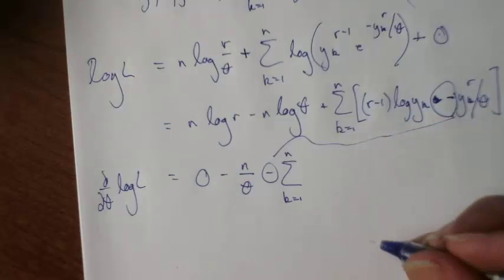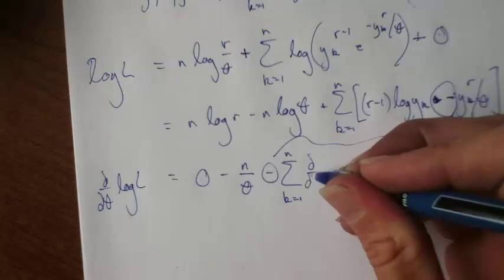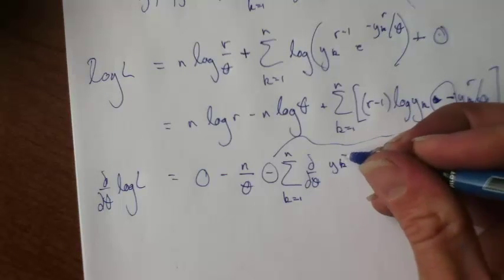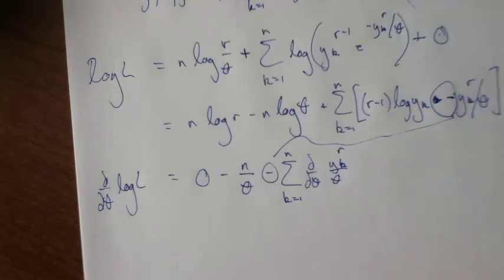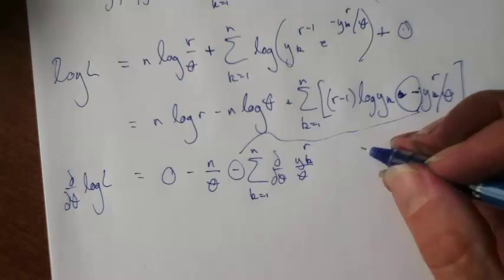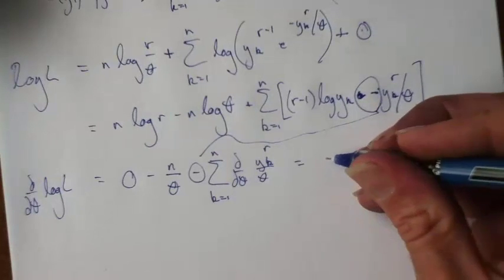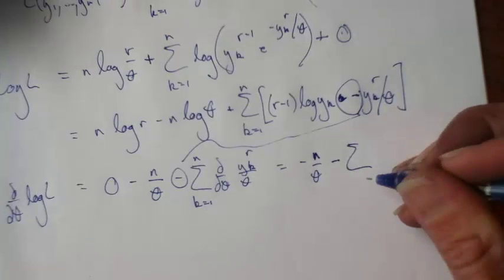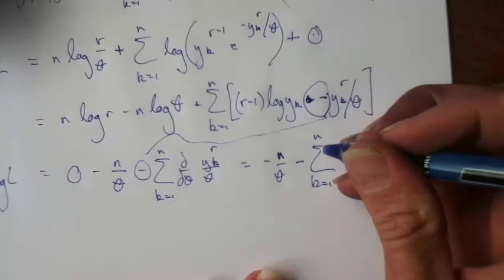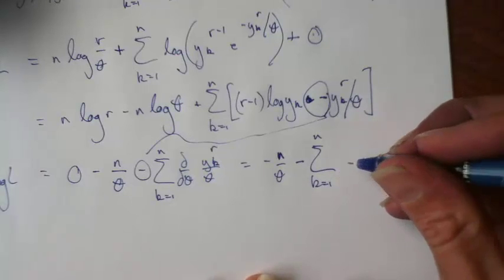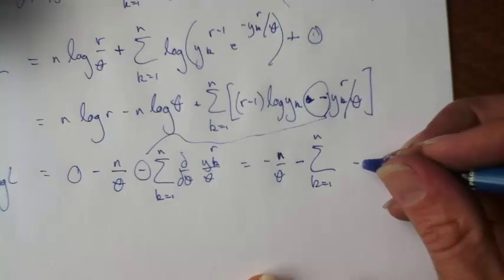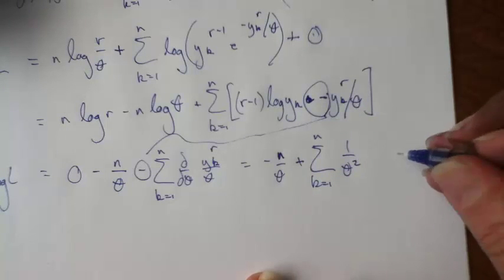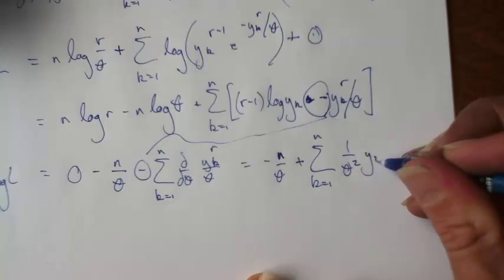Should be the derivative with respect to theta of y sub k to the r over theta, right? And so this will be negative n over theta minus the sum, k goes from 1 to n, of 1 over theta squared, positive, there we go, y sub k to the r.